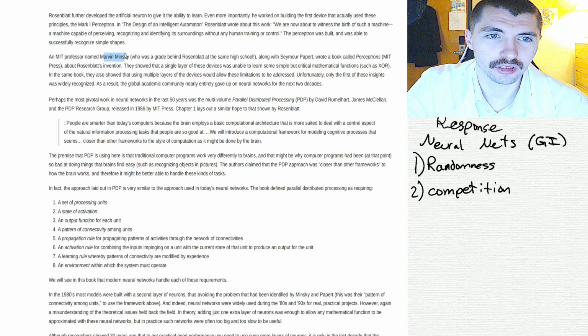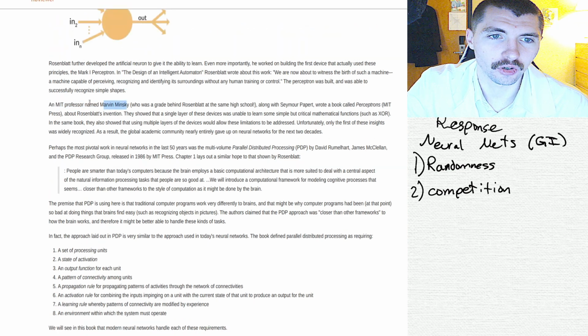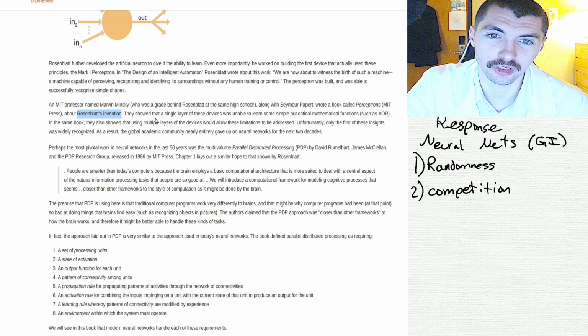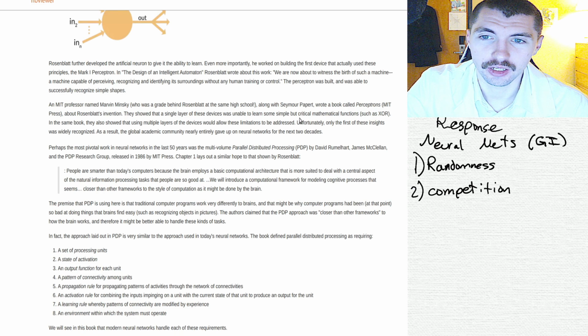Minsky's book is arguing or is improving upon Rosenblatt's invention. I should have shown you some of the graphs, but you can probably find them yourself in the Rosenblatt paper. They have some cool diagrams.